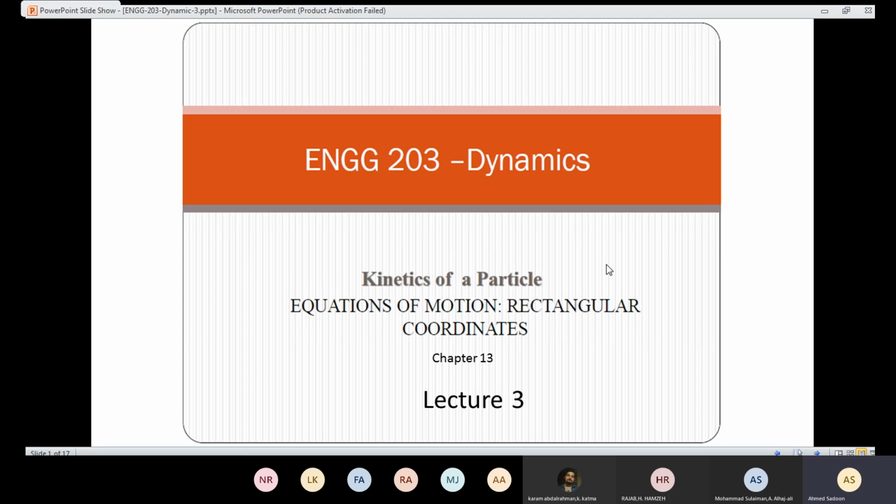We have the free body diagram and we have the kinetic diagram. So today we are going to learn how to use the equations of motion, especially in rectangular coordinates, which means that the movement is going to be in X or in Y or in Z.